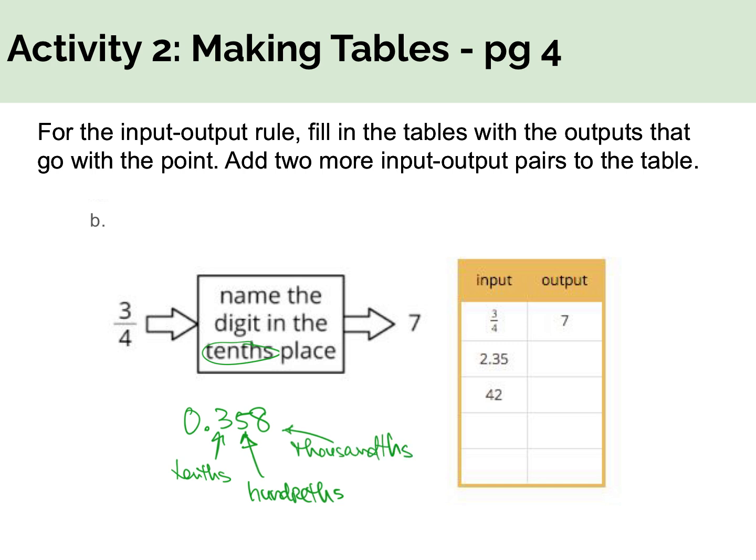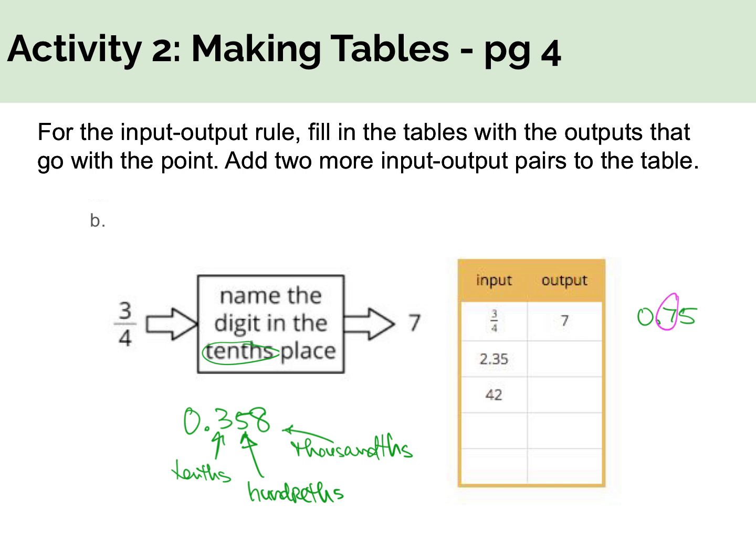If we have 3/4, let's take 3 and divide it by 4. So 3 divided by 4 is 0.75, and we want the tenths position. What is the tenths position? That is the first decimal place. That is the reason why our answer is 7.